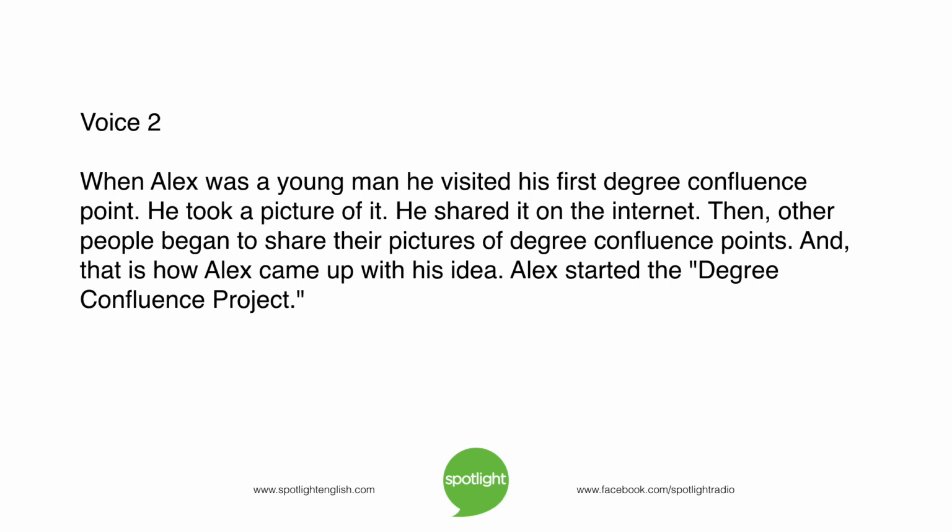He took a picture of it. He shared it on the internet. Then other people began to share their pictures of degree confluence points. And that is how Alex came up with his idea. Alex started the Degree Confluence Project.